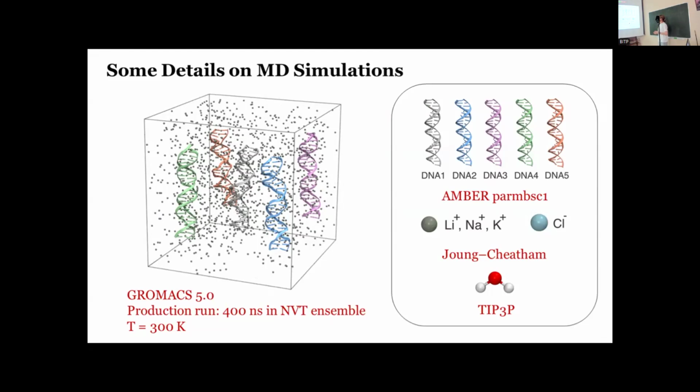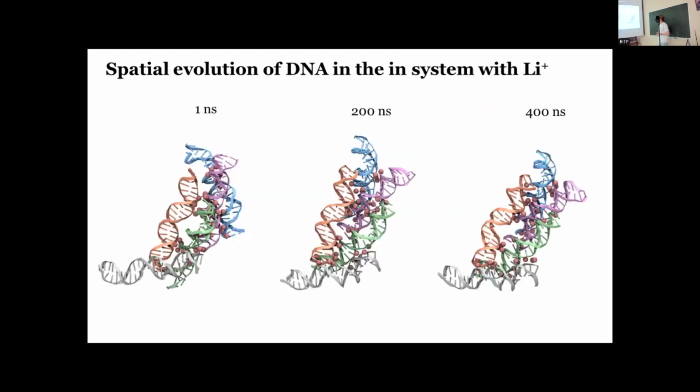So what we did first is that we visually analyzed the trajectories that we obtained. Here I'm showing the snapshots for the system with lithium at a concentration of 1 mole.